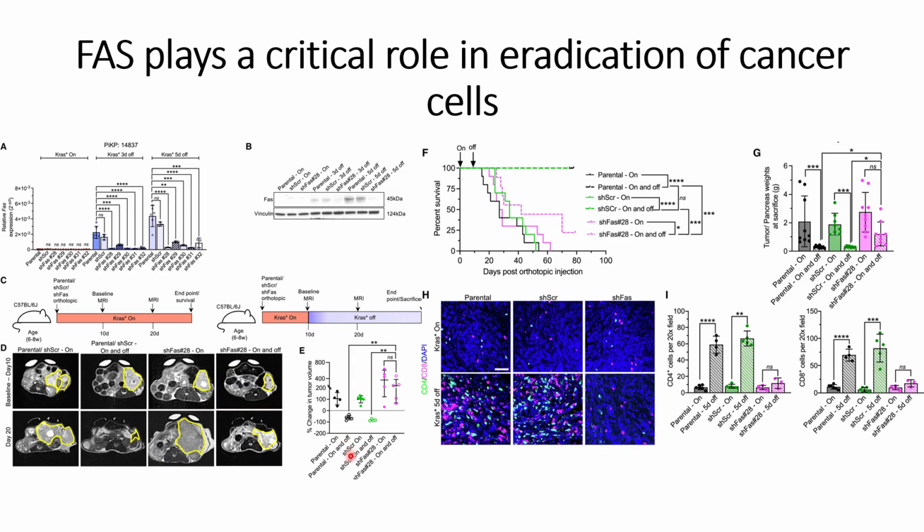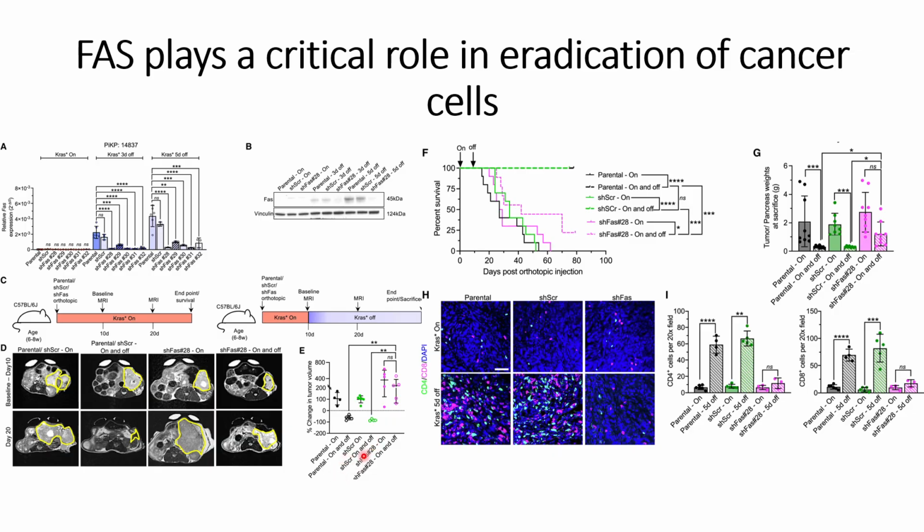And in the case of scrambled RNAs, when the KRAS mutations are on, we do not see any increase in the FAS receptors. Whereas in panel B, as soon as the KRAS mutations go off, there is an increase in the FAS receptors. In the third case, there is no increase in the FAS receptors and the KRAS mutations continue to be on.